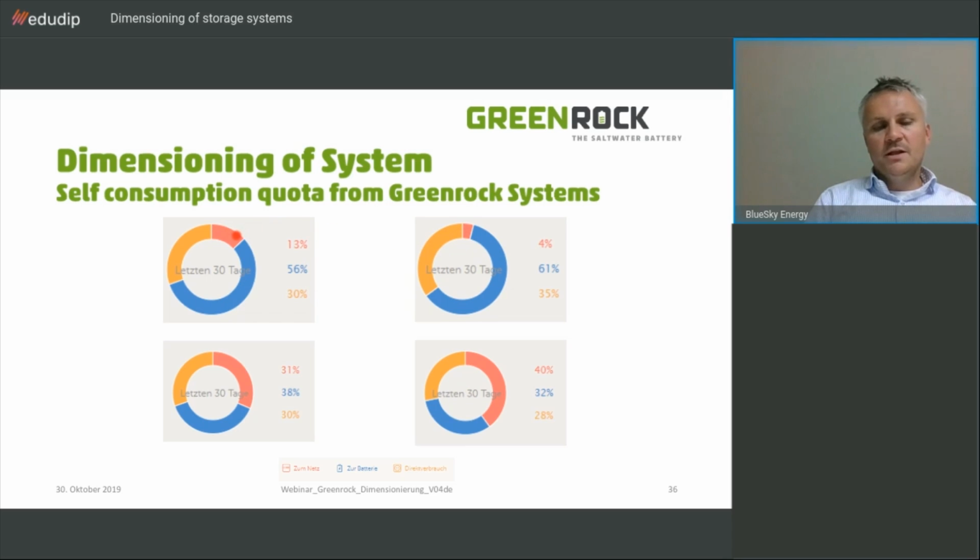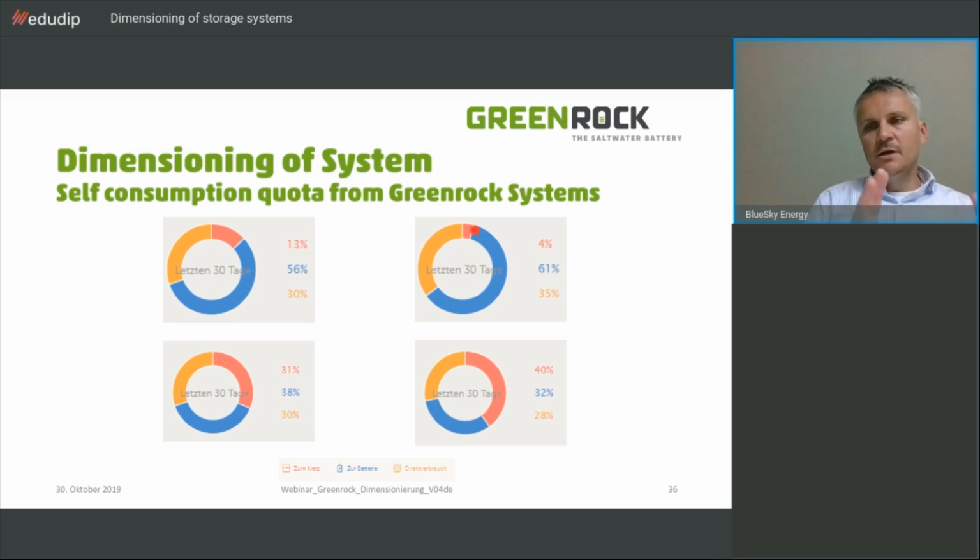So what we can tell from that data is, over here we have a rather big storage, and over here the storage is a little bit too small, because 38% run into the storage and 31% run back into the grid. Over here, even 40% run into the grid. On the other hand, over here, 61% run into the battery, and only 4% remain for the grid.